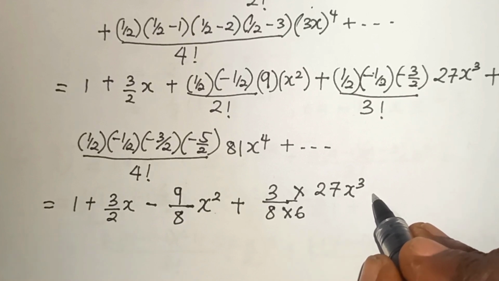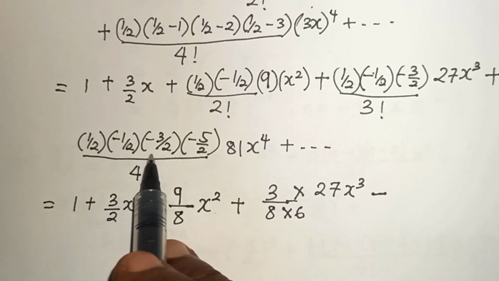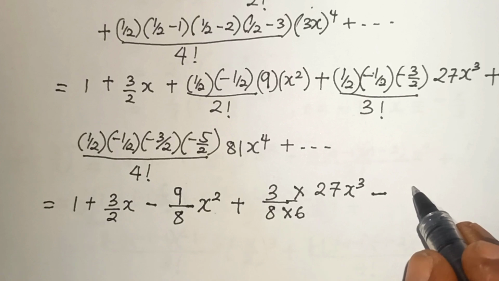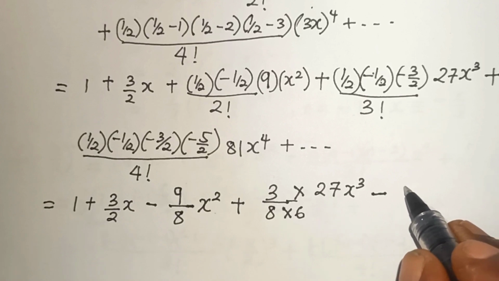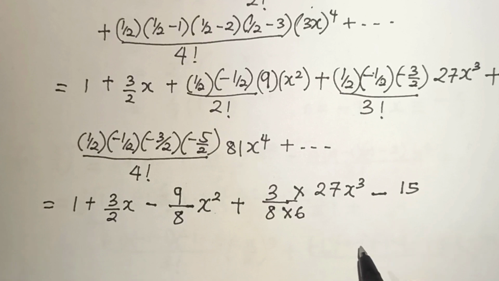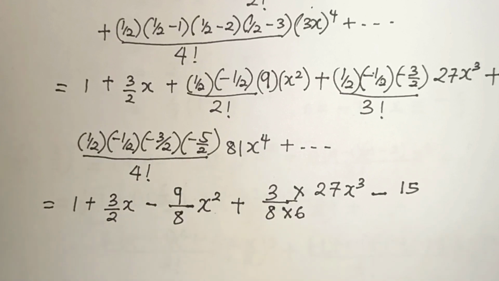Then we have minus on this side. On this side we have minus 15. 3 times 5 is 15. 2 times 2 times 2 times 2 gives me 16.